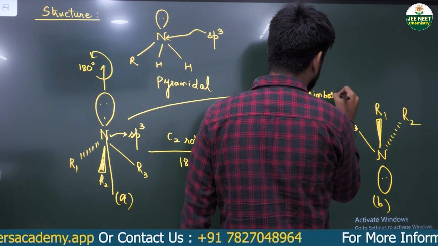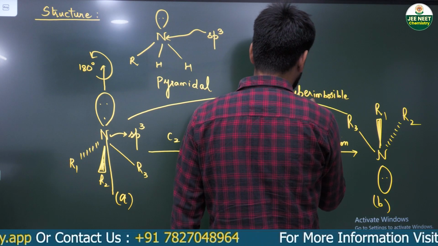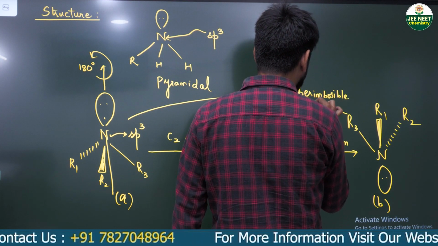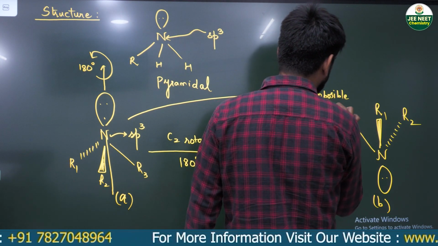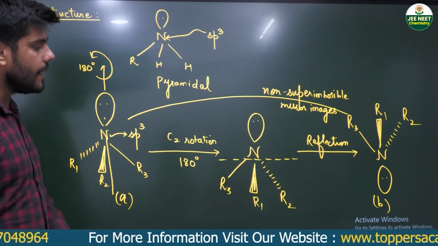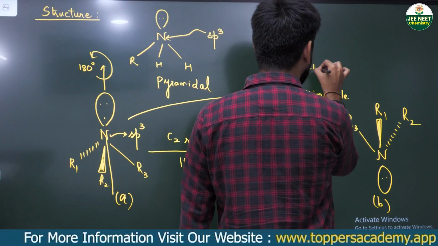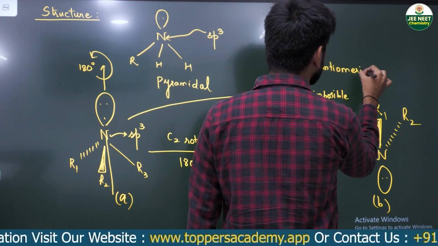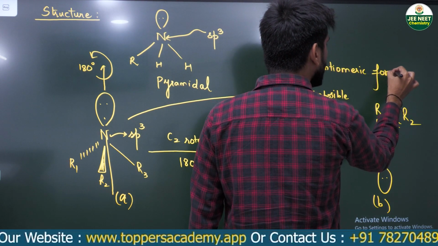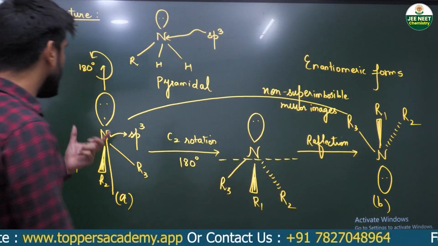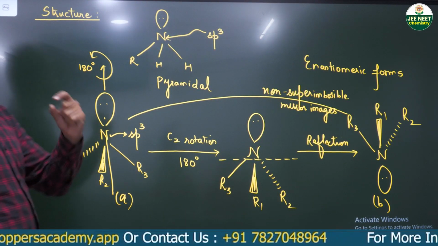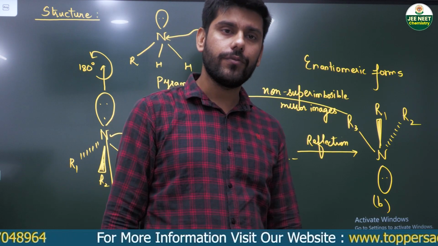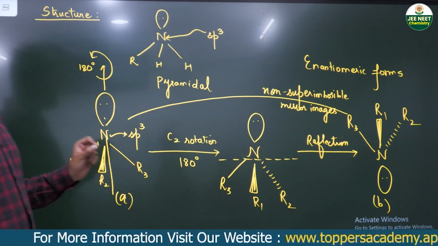Non-superimposable mirror images. Now, look here. So they are enantiomeric forms. So can I say that this amine A should be optically active? Can I say this should be optically active?